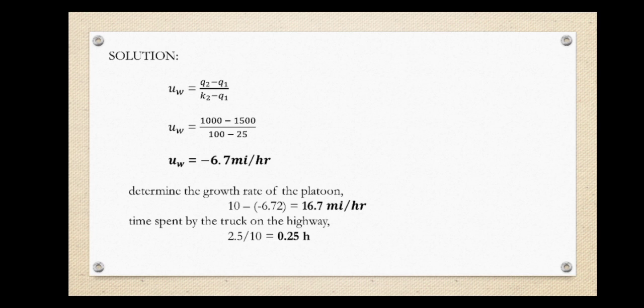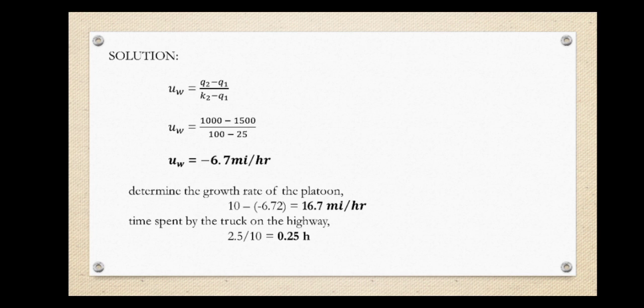We have our Q sub 2 as 1,000 vehicles per hour and 1,500 vehicles per hour for Q sub 1, and our K sub 2 as 100 vehicles per mile and K sub 1 as 25 vehicles per mile. So 1,000 minus 1,500 over 100 minus 25.